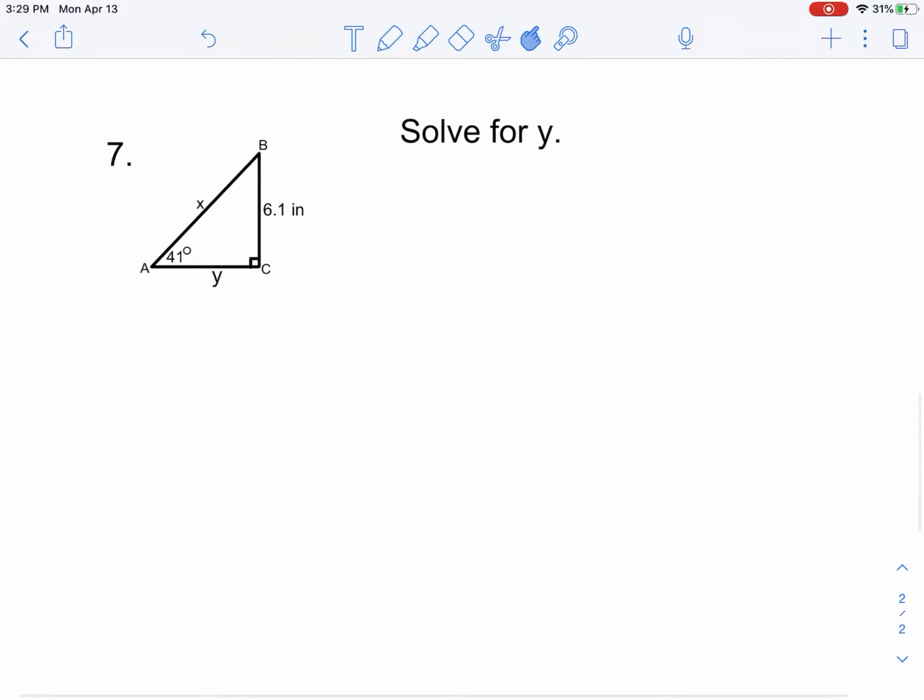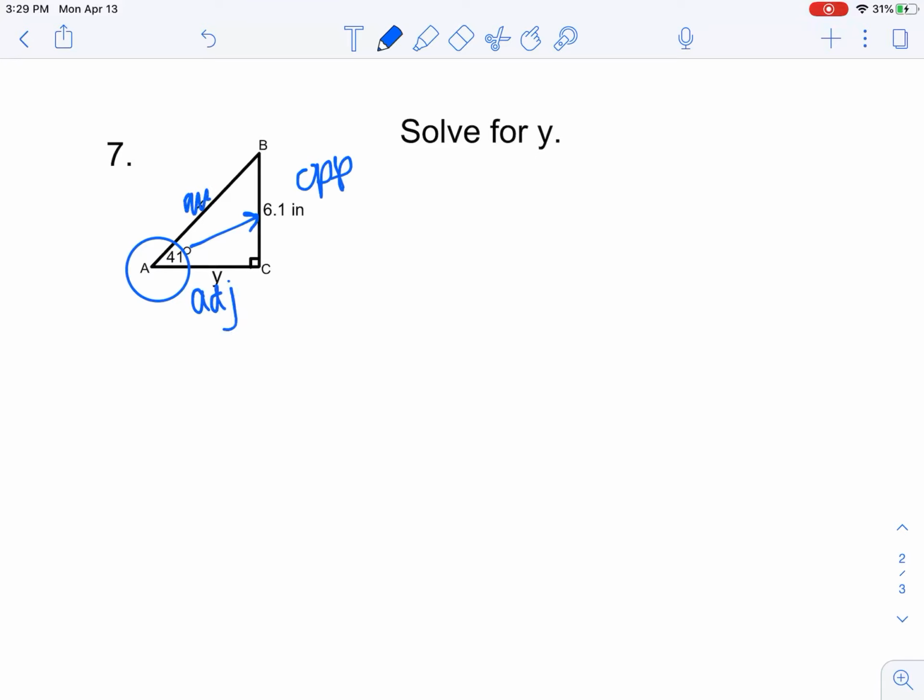All right, we've got one more example to go through, and this actually happens to be that same example as the last one, except for now we're going to solve for y. The angle we are working with is angle A, which is 41 degrees. Across from angle A, we have 6.1, which is our opposite side. And then since we want to find y, that would be our adjacent side.